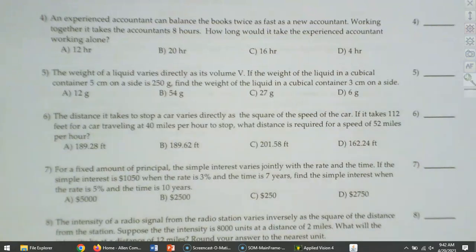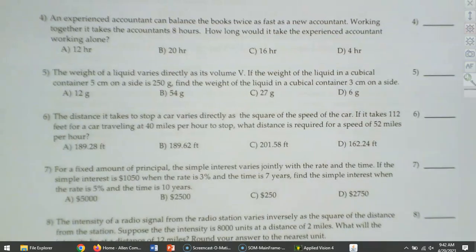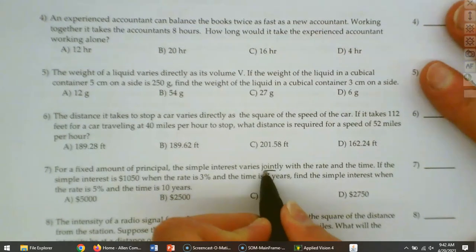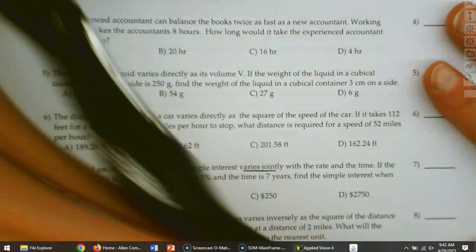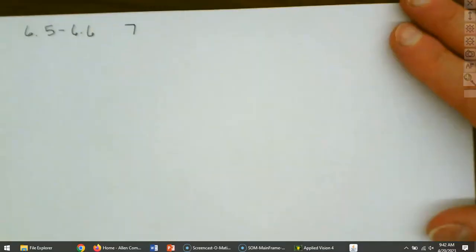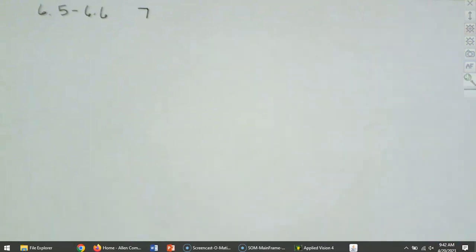The simple interest varies jointly with the rate and the time. So let's come up with our formula.